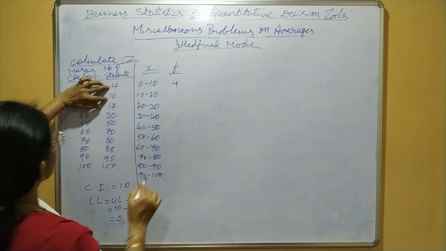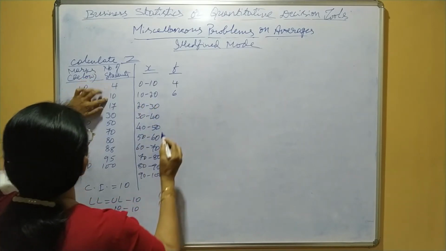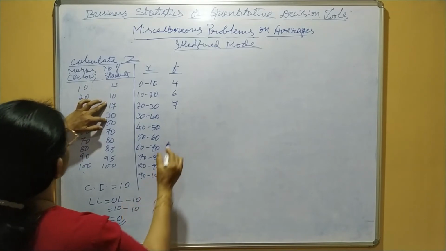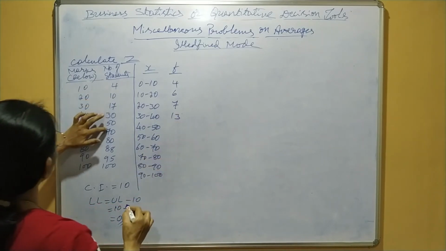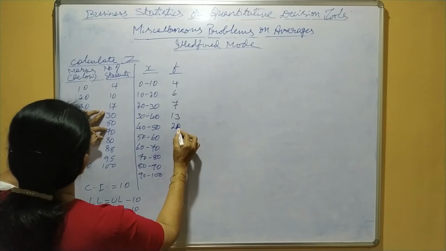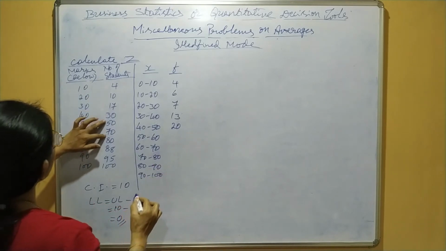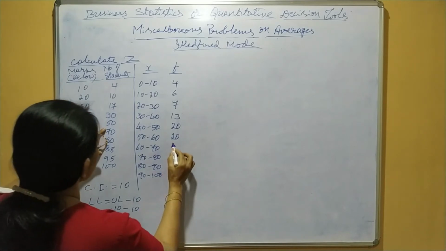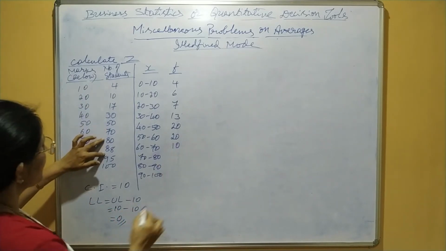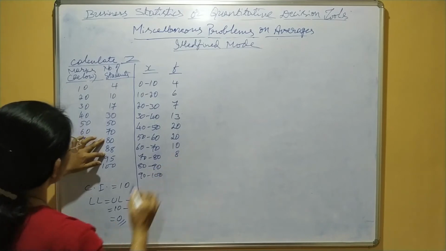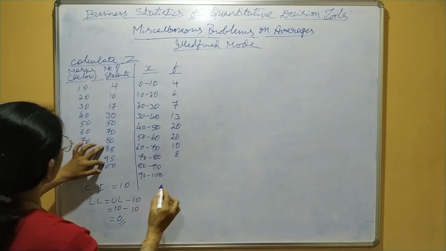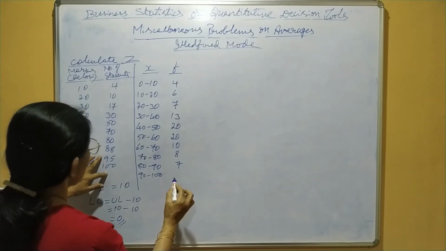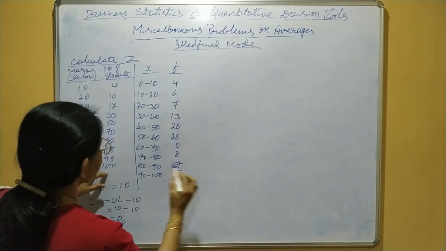Now, 10 minus 4, 6, 17 minus 10, 7, 30 minus 17, 13, 50 minus 30, 20, 70 minus 50, 20, 80 minus 70, 10, 88 minus 80, 8, 95 minus 88, 7, 100 minus 95, 5.